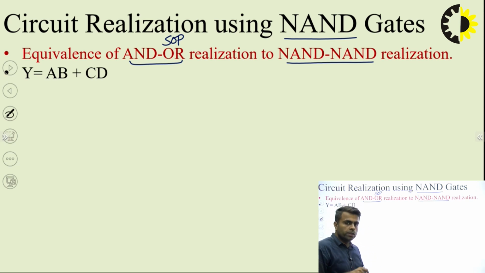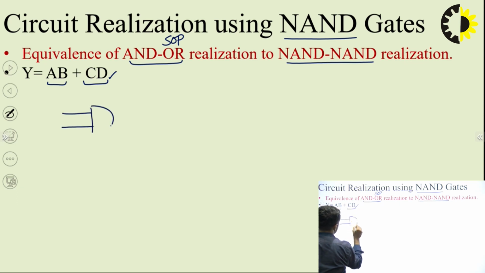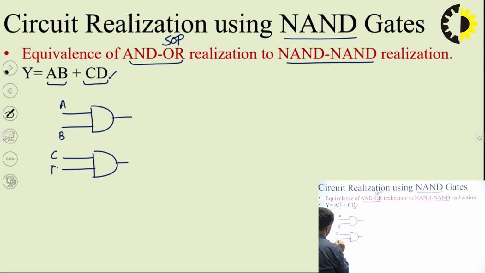So to prove this, we have taken a simple expression y is equal to AB plus CD. For this AB plus CD, the basic circuit realization will be: this is A, this is B, A and B. Similarly, C and D. And there is a plus, that means OR gate.